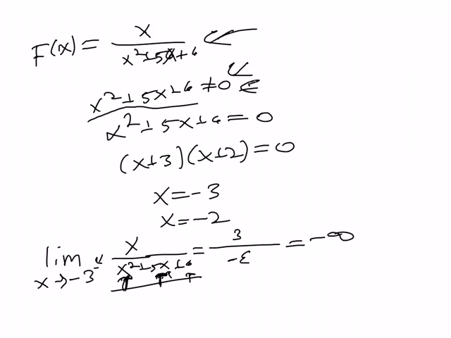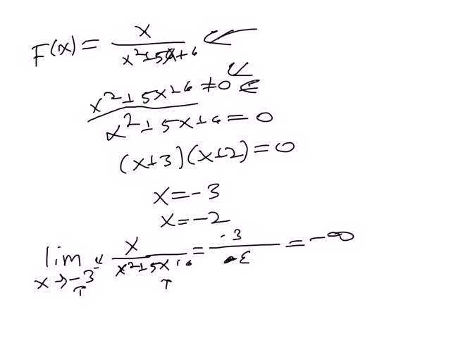Oh, well, what am I saying? No. Okay, there's a negative 3 up here. And frankly, I'm not really sure whether the denominator is a really small negative or really small positive.